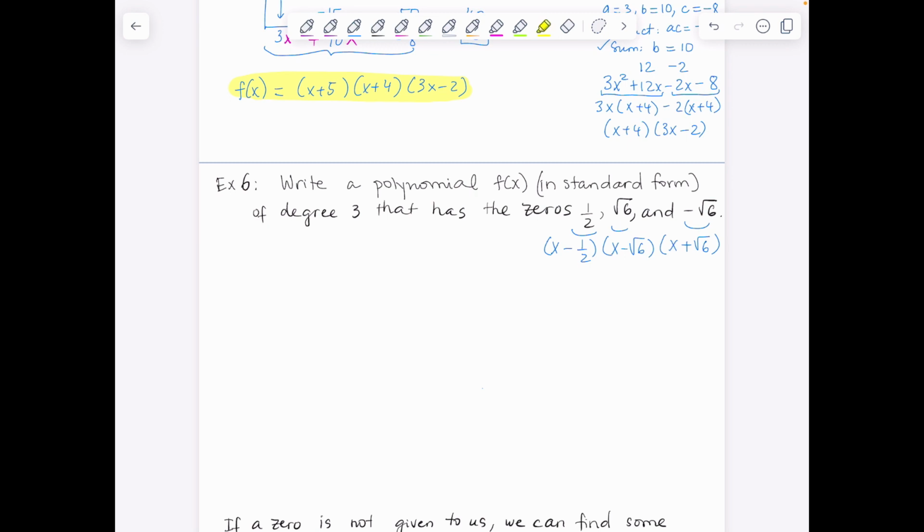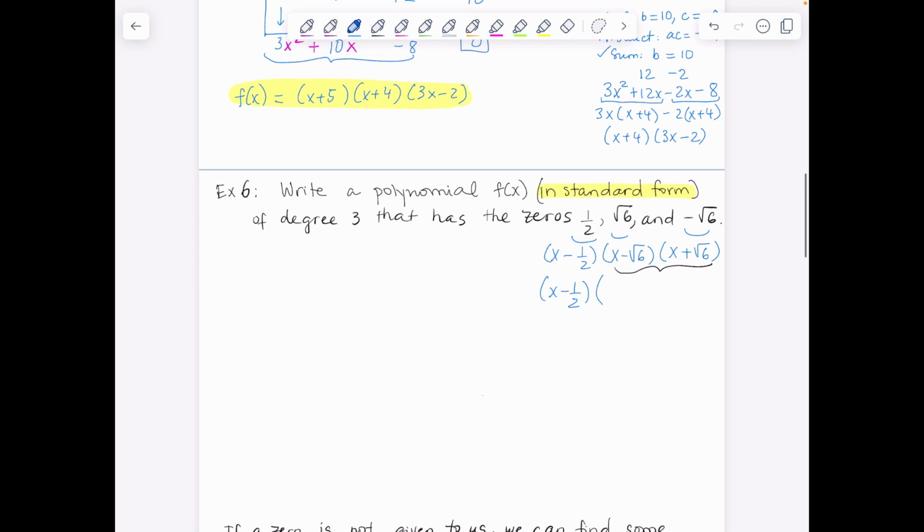Now, the problem wants us to write the function in standard form, which means we're going to have to distribute everything here. So first, I am going to distribute these two. Just keep x minus 1/2 the same, and I'm going to use FOIL for this. Or you can use difference of squares to simplify this. So I'm going to use FOIL. x times x is x squared. x times positive square root of 6 is going to be plus x times square root of 6.